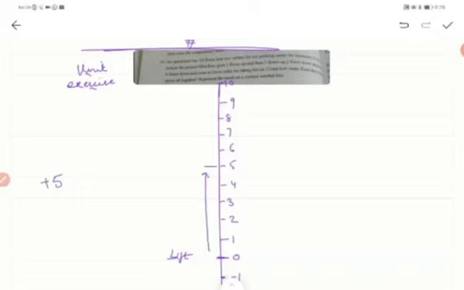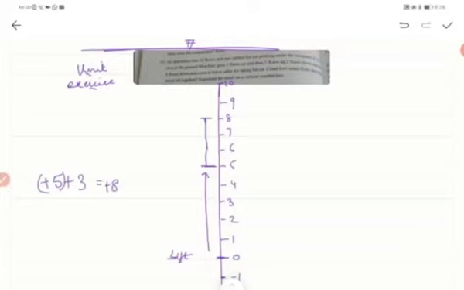Then again 3 floors up. So from 5 again he is going 3 floors up: 1, 2, 3. So he has come to the 8th floor. That is 5 plus 3, it is 8. So he has reached the 8th floor now.